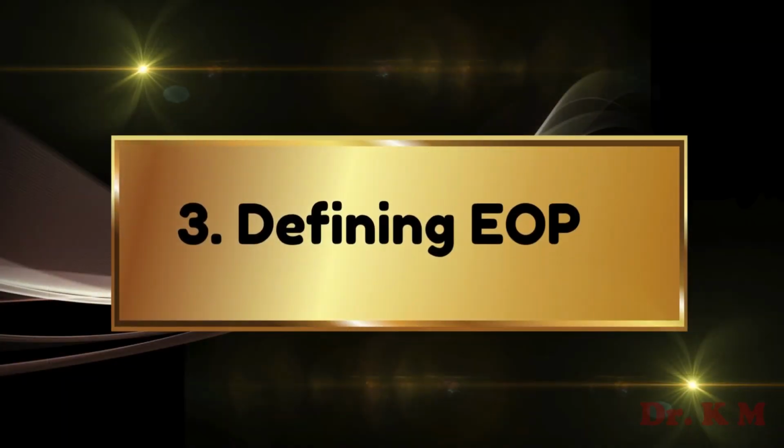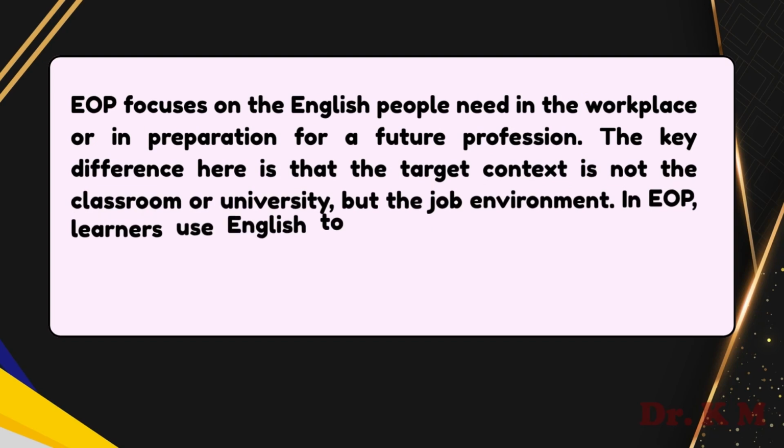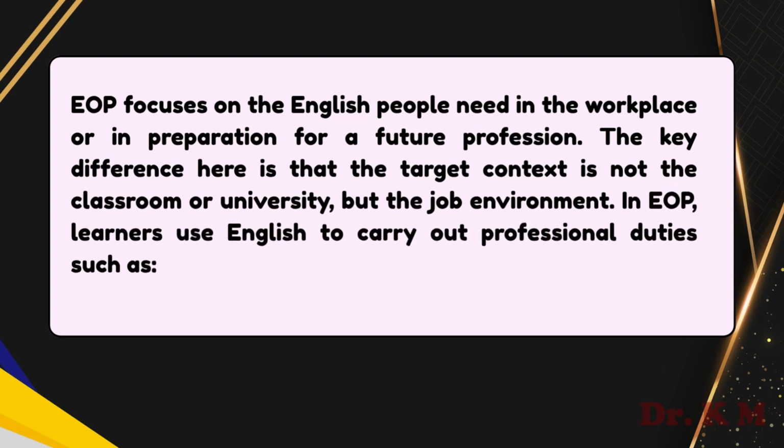3. Defining English for Occupational Purposes. EOP focuses on the English language needs in the workplace or in preparation for a future profession. The key difference here is that the target context is not the classroom or university, but the job environment.